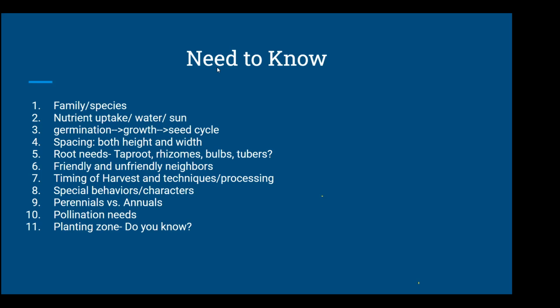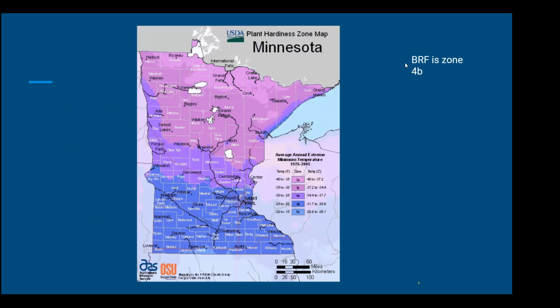You also need to know the timing of the harvest and the technique and processing of that, the special behaviors and characteristics of the plant, the difference between perennials versus annuals, and then pollination needs and planting zones. Our planting zone is zone 4B. This is where Big River Farms is.